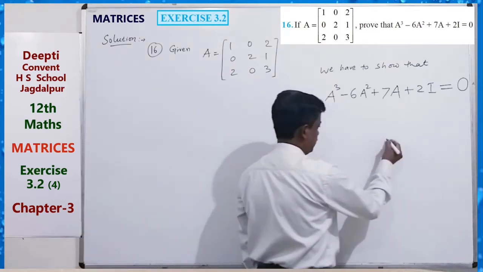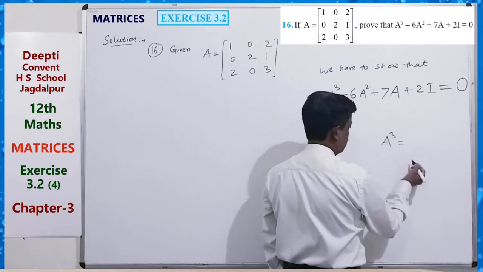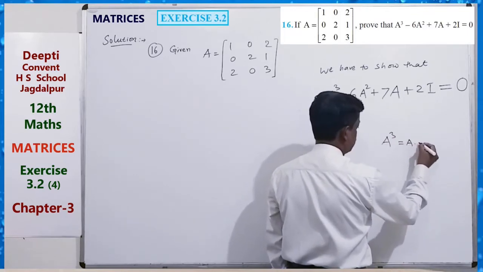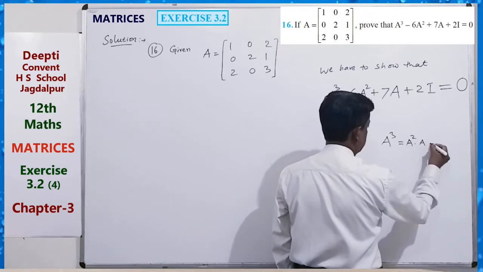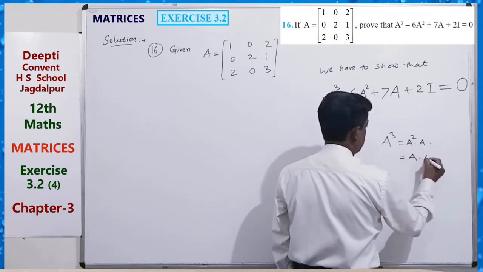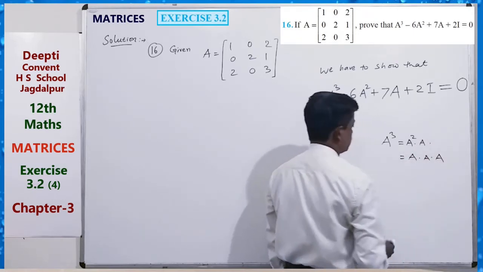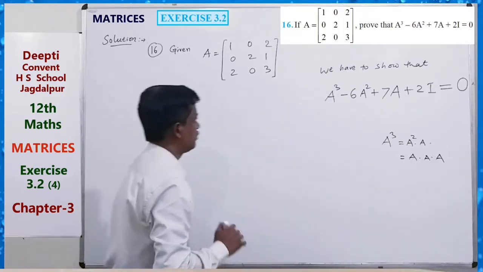A cube can be found how? A into A square, that is A into A into A. So first find A square.